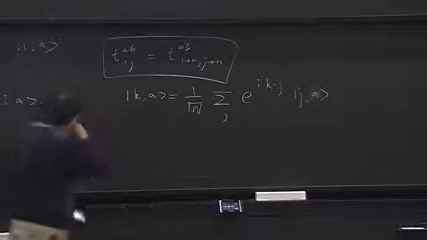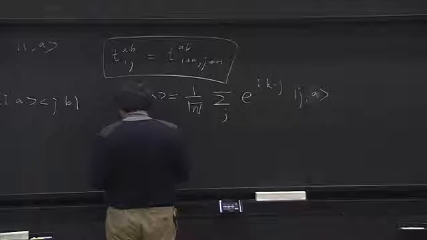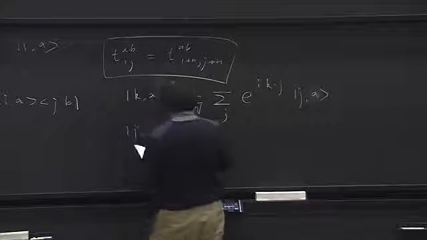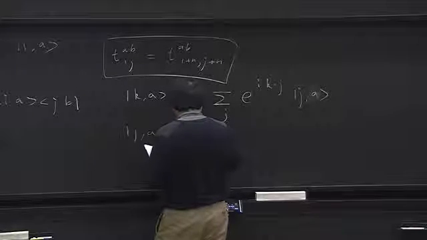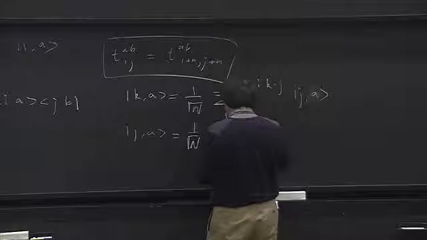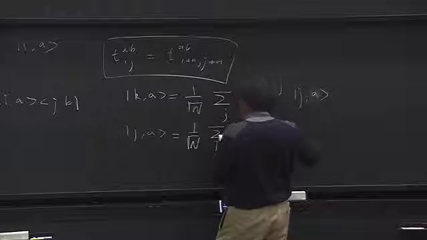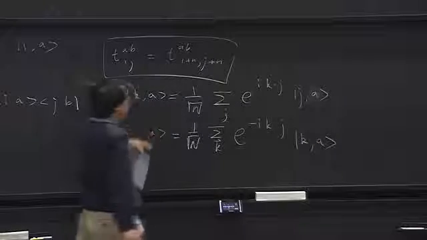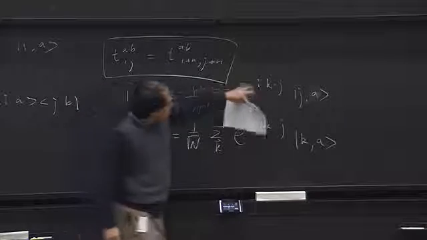And then the inverse Fourier transformation is given by this |j,A>. So this is the inverse Fourier transformation, and there's a difference by sign.